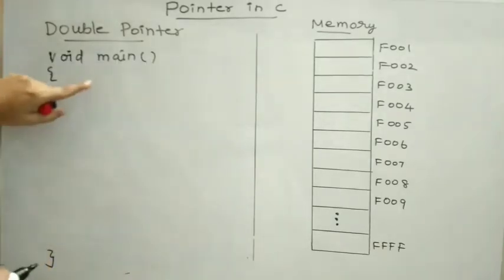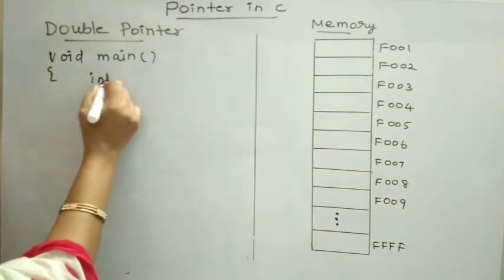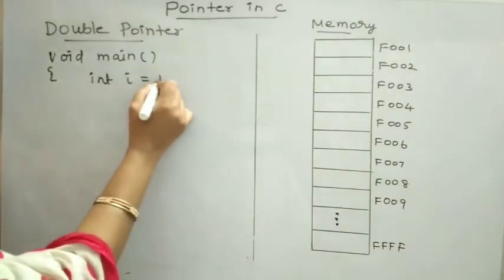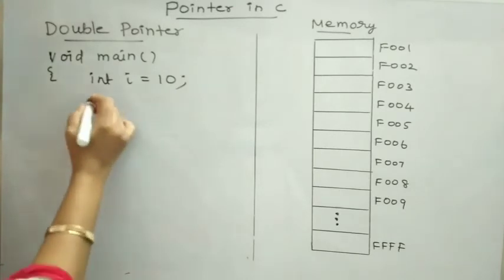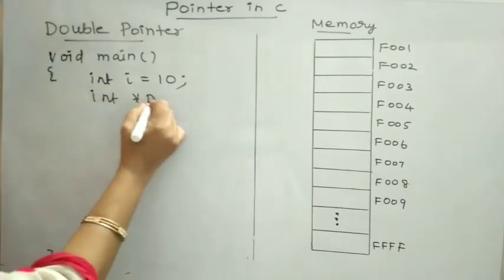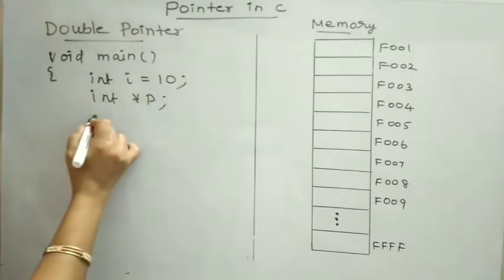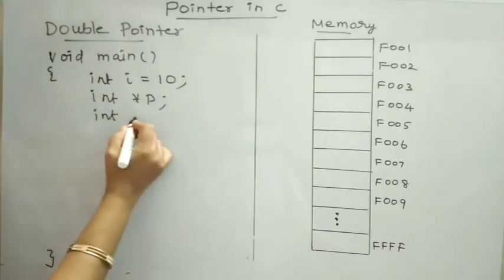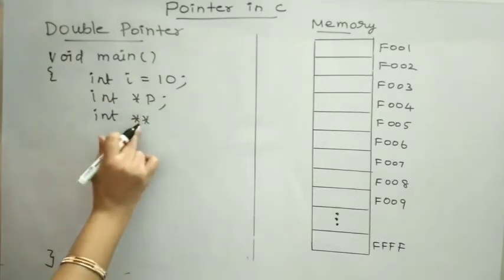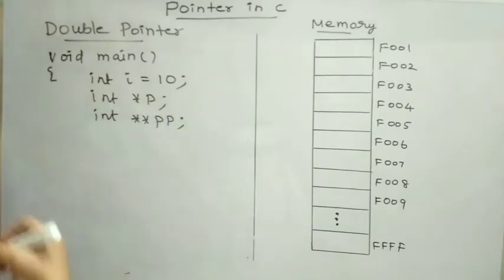In the declaration section, I am going to declare 3 variables: I is an integer variable, value assigned for I is 10, and then a pointer variable, that is *p. The star prefix specifies p is a pointer variable, and **pp is a double pointer. This double star prefix specifies this pp as a pointer variable.